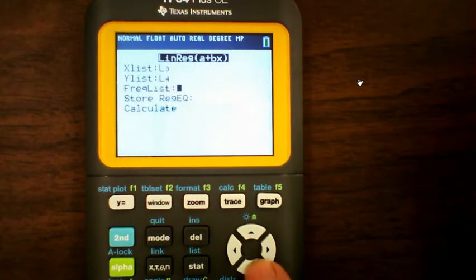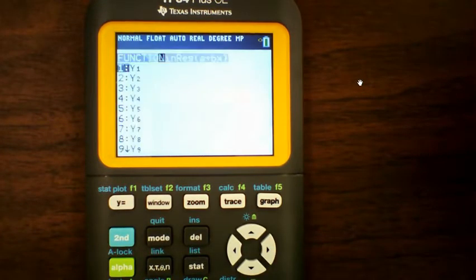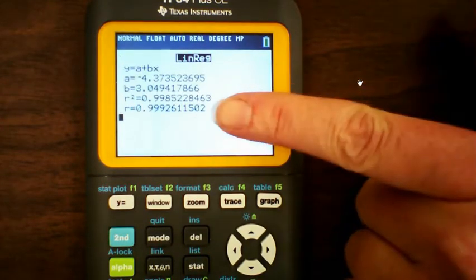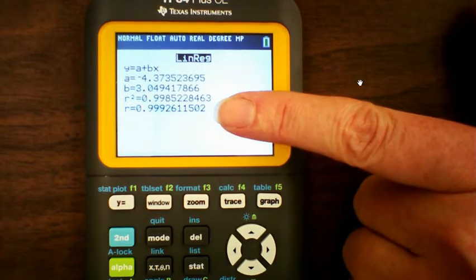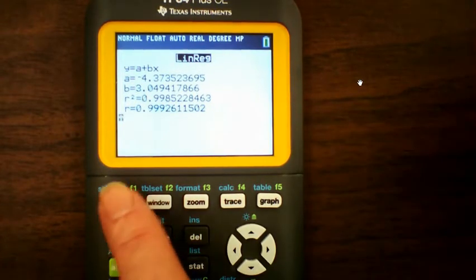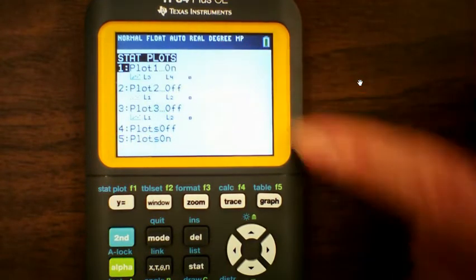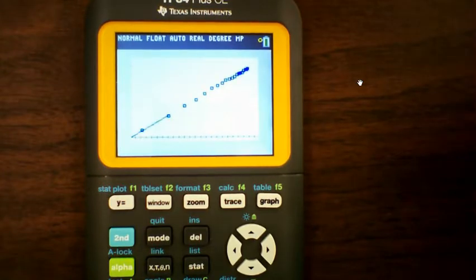Okay, store the equation in vars, y vars function, y1, calculate it. And you can see it's even a slightly better R value when you do your equation with logarithms on both axes. And if I go into the stat plot where I have L3 and L4 and zoom 9, you can see that it makes a very nice straight graph.